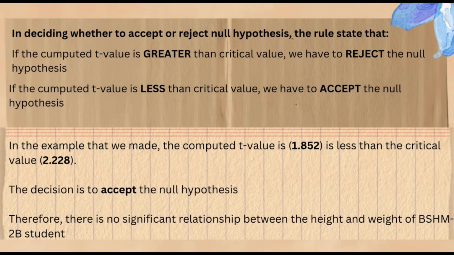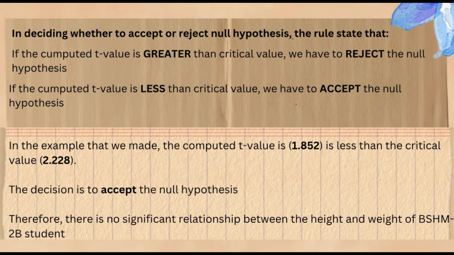In deciding whether to accept or reject the null hypothesis, the rules state that if the computed t-value is greater than the critical value, we have to reject the null hypothesis. If the computed t-value is less than the critical value, we have to accept the null hypothesis. In the example that we made, the computed t-value is 1.852.